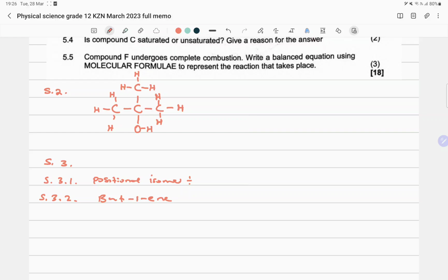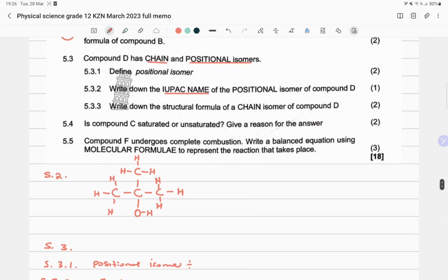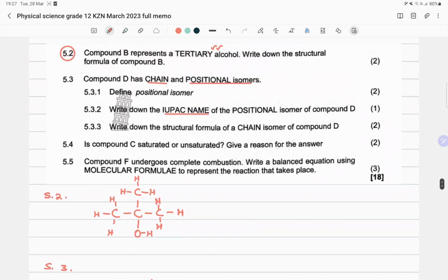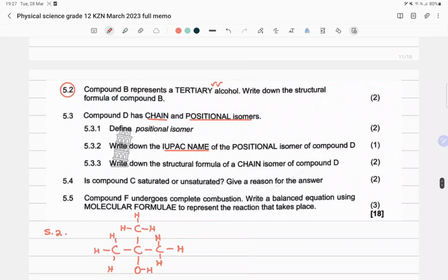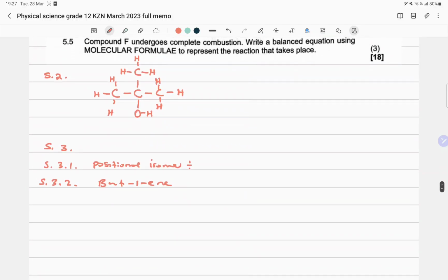That's all, because those are the only two positional isomers, meaning the functional group is either in position 1 or position 2. I don't think it is ever going to be anywhere else. So those are the only two positional ones. And then we've got chain as well. Not a problem. It says now write down the structural formula of a chain isomer of compound D.